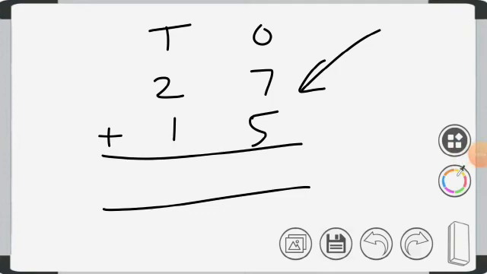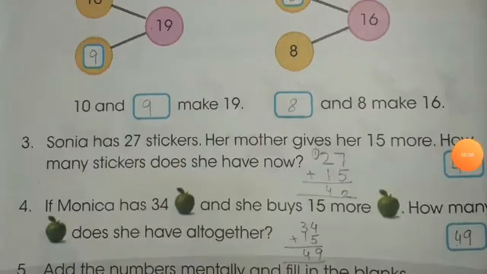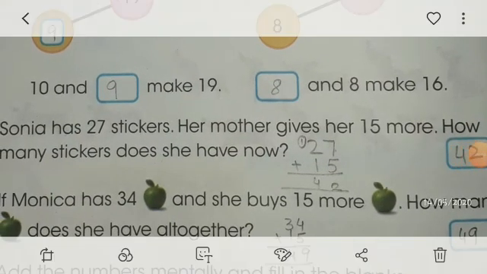We will count on 5 from 7. 8, 9, 10, 11 and 12. 12 is the sum of 7 and 5. We will write 2 here and 1 will be regrouped on tens. Now we will add tens: 1, 2, 3 and 4. So the answer will be 42. So here we will write 42.